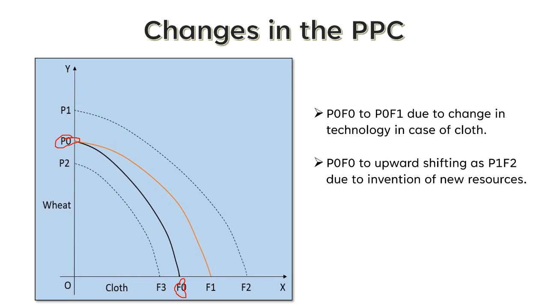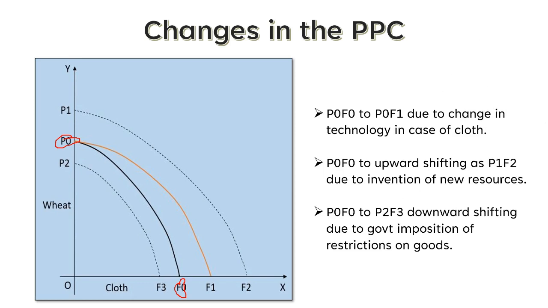Whenever more resources are available for production, they can be directed to the production of both commodities. You can produce more wheat than before, and even more cloth than before. That's why in this case the original production possibility curve P0F0 shifts completely upwards as P1F2.